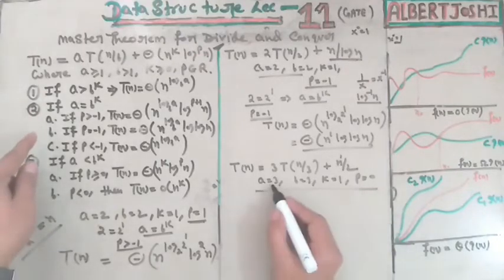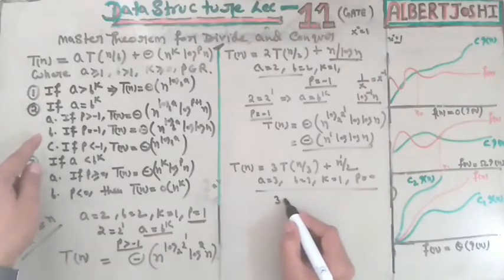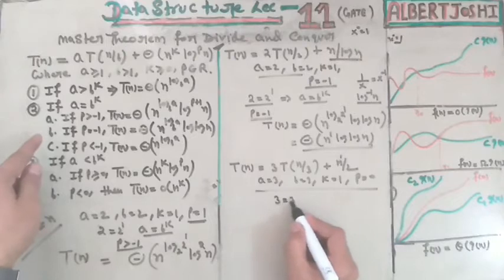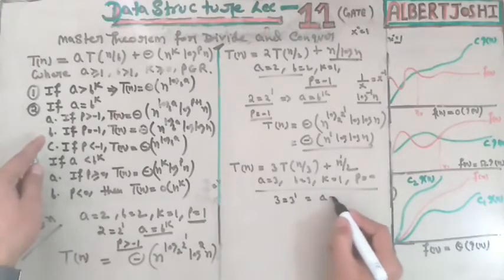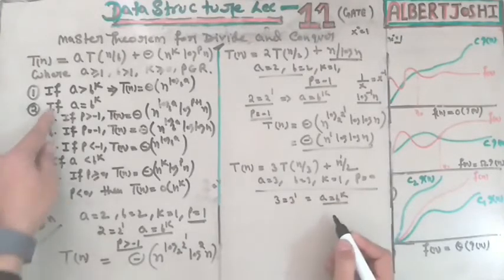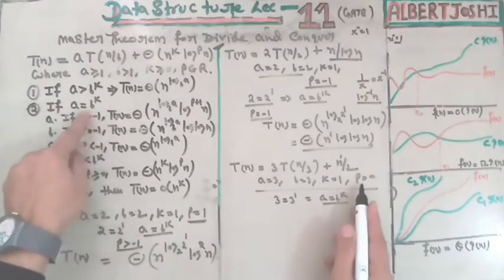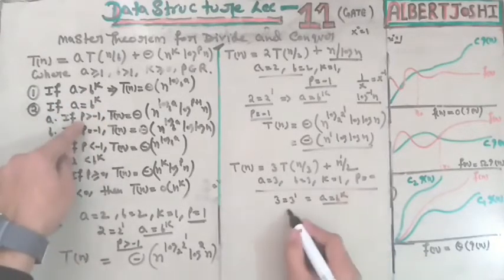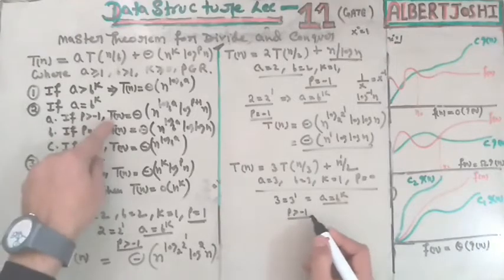Now we will check. a is equal to 3, and 3 is equal to 3^1. It means that a is equal to b^k. This condition is satisfying again. But p is 0, p is greater than minus 1. It means that this condition is satisfying.